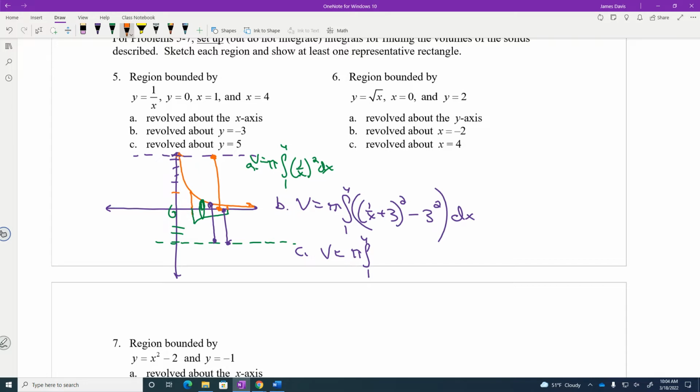The distance to the axis is 5. From here to here, it's 5. So 5 squared minus the inner radius, which we get from here to here. So start with the value 5 minus the function, 5 minus x squared.